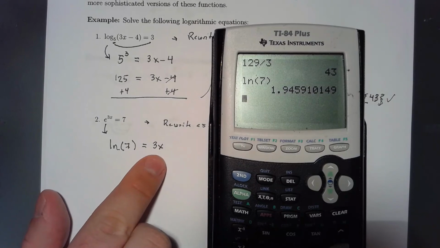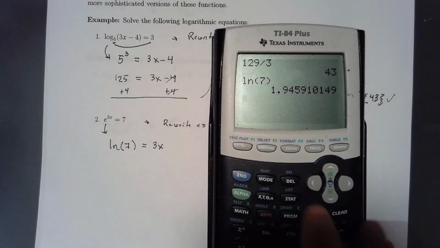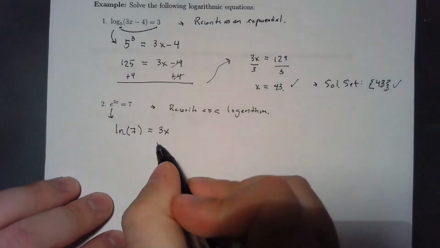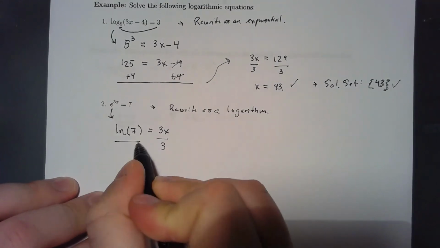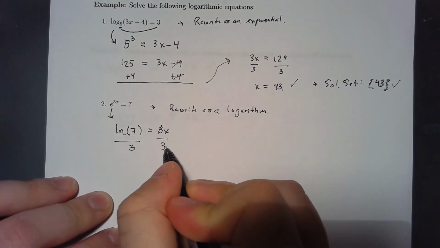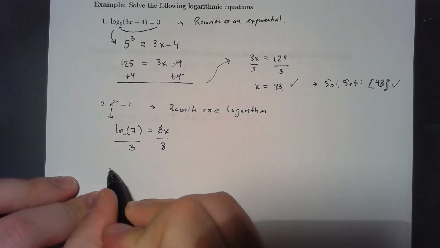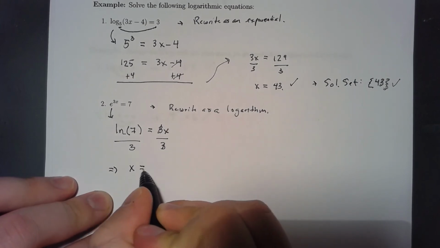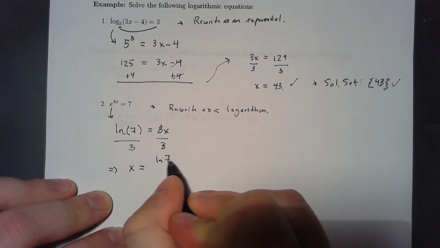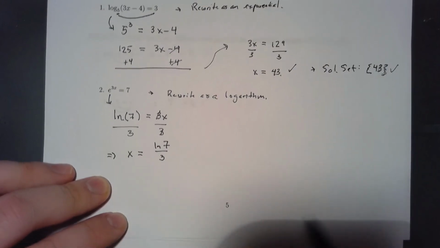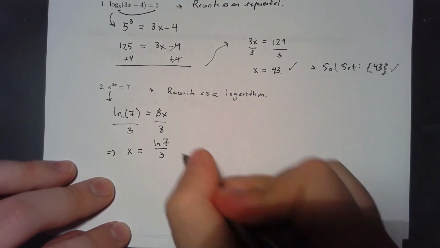So to get the x by itself, you divide both sides by 3. Threes cancel, and then you get x equals natural log of 7 over 3. And that right there is the exact answer.